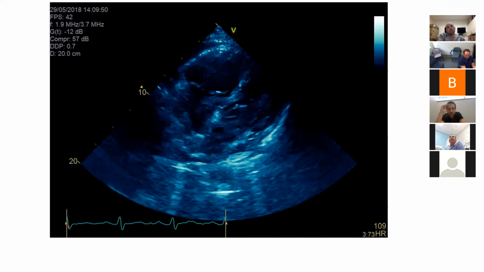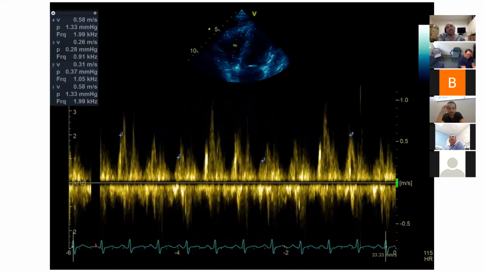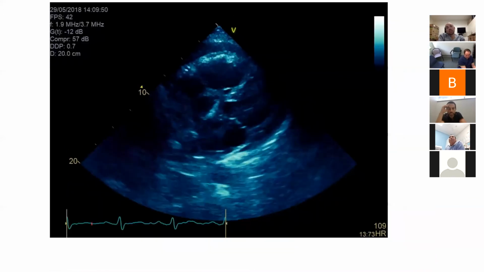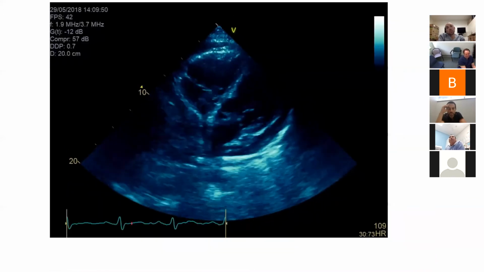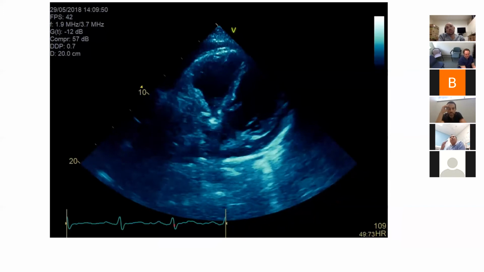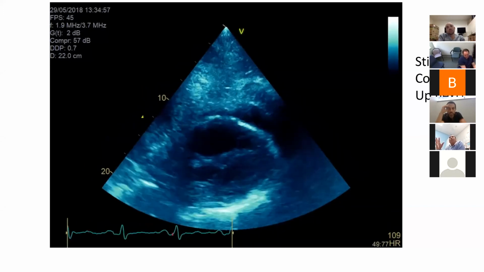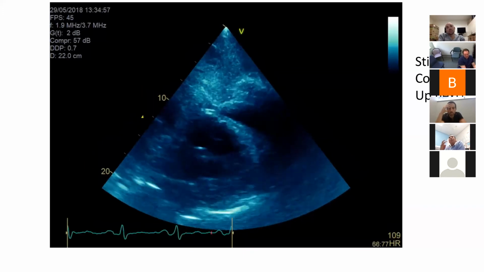I agree. It looks heterogeneous, doesn't it? It doesn't look like the normal, almost homogeneous appearance. Yeah, I was wondering exactly the same thing. Even on the parasternal short axis, there was something compressing on the RA from outside, and in a subcostal view it looks like the liver mass is compressing on the RA.